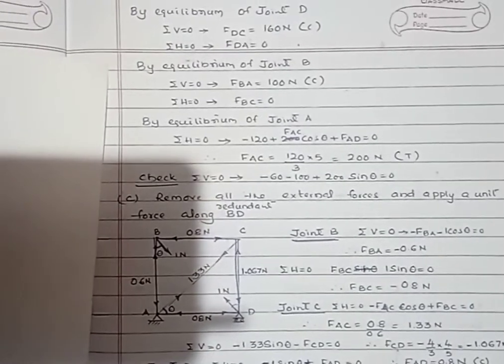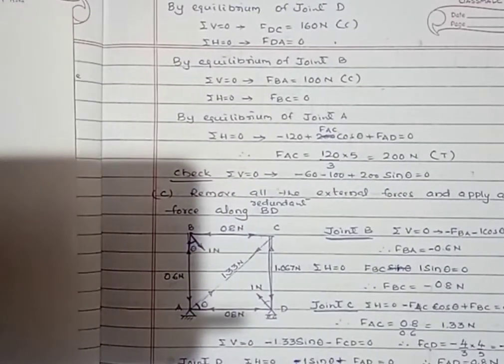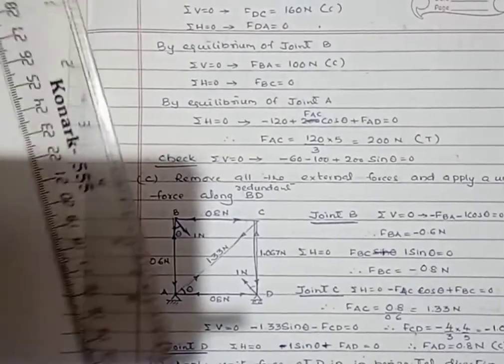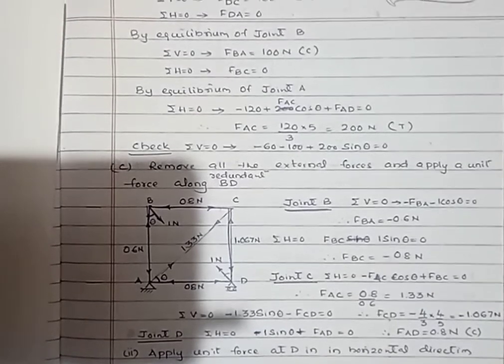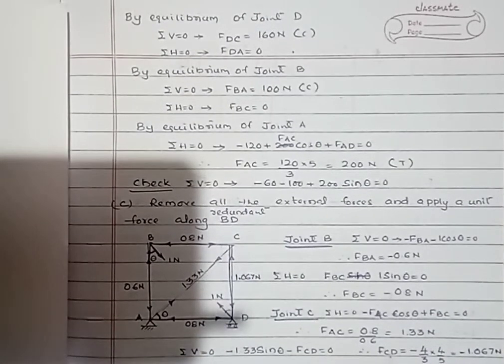Now, to calculate by equilibrium of joint, we have to calculate the forces in all the members by equilibrium of joint D. At joint D, summation of V equals 0.